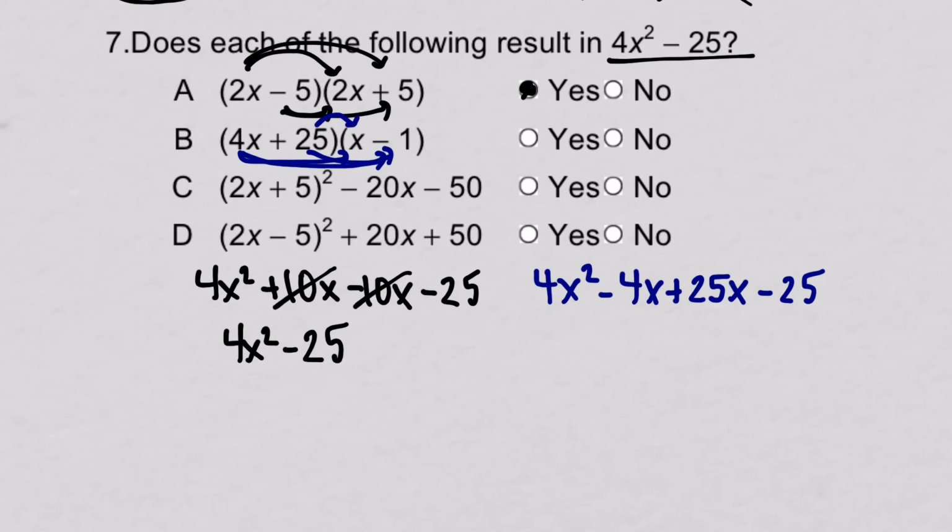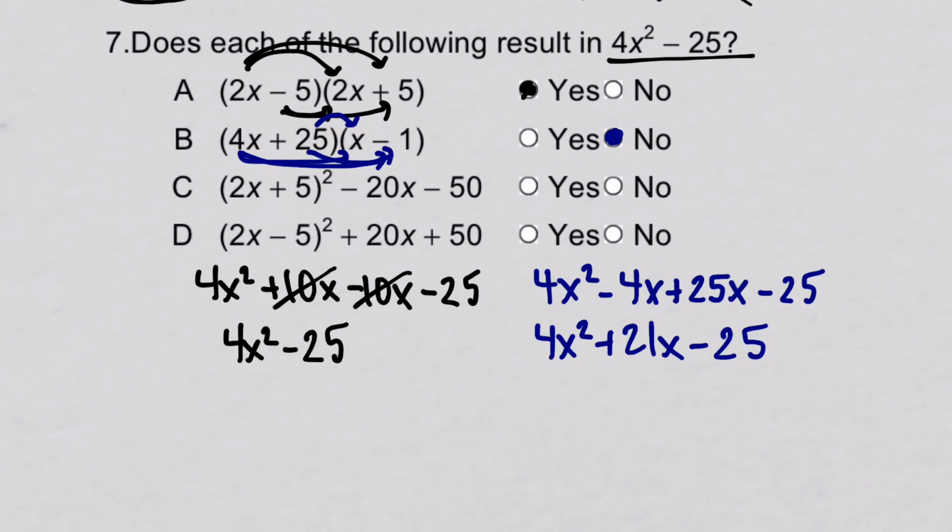The negative 4x and the positive 25x here are not going to cancel, but they're going to combine to make positive 21x. So it's 4x squared plus 21x minus 25. And there's nothing else I can do or cancel to simplify. So that one is not going to give me what I want. So the answer for that one is no.